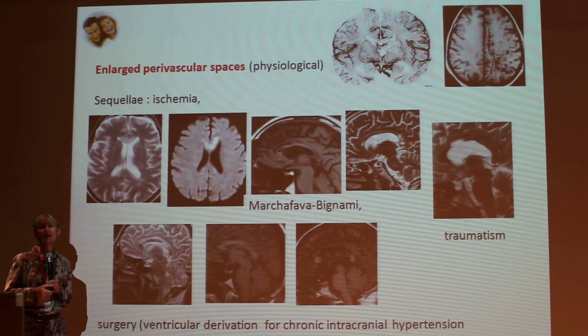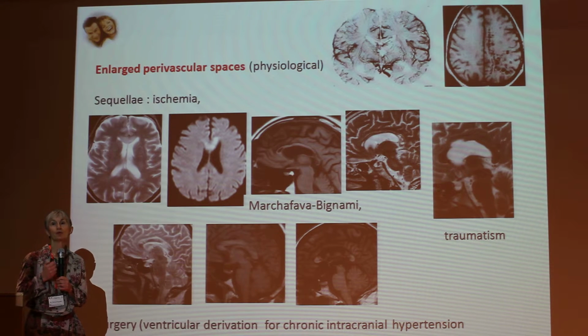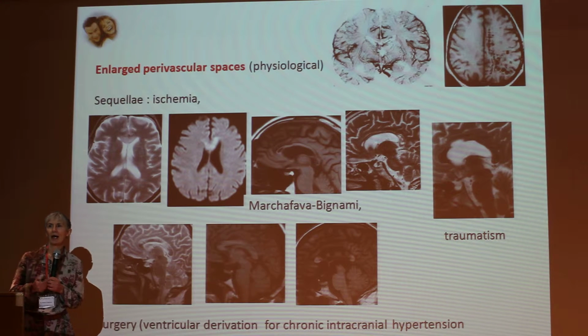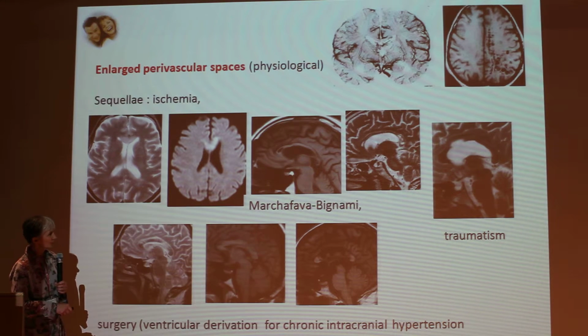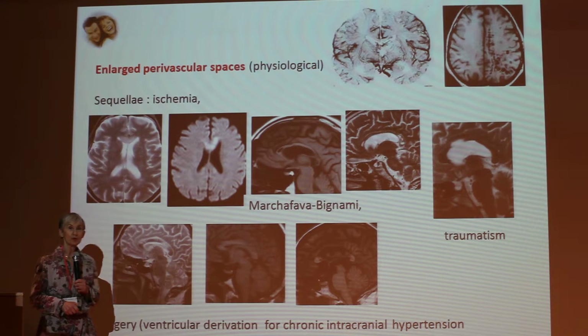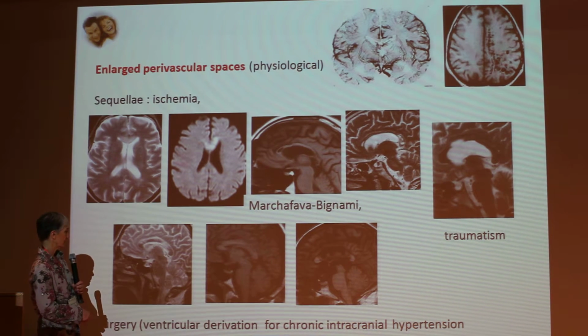When you have chronic intracranial hypertension, and when you shunt the patient, there is like a shock on the corpus callosum, and there are traumatic lesions of the corpus callosum, and you have this very specific aspect with sort of stripes in the corpus callosum that are in high signal on T2, low signal on T1, and in this case, you see, it's like the surgeon used his teeth to operate on the patient, and there are some holes in the corpus callosum.